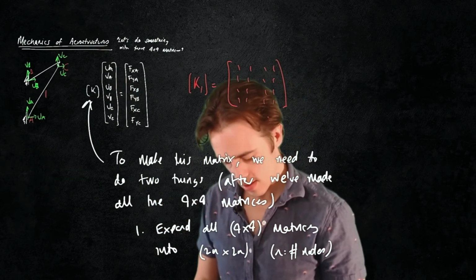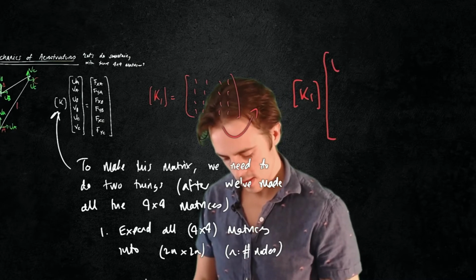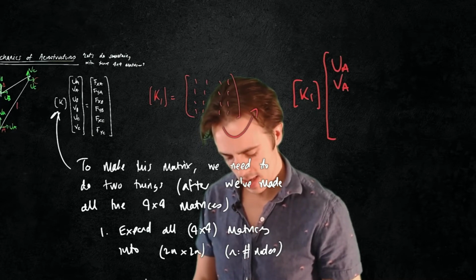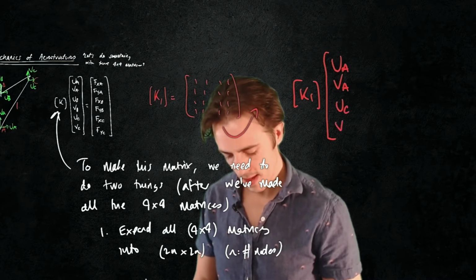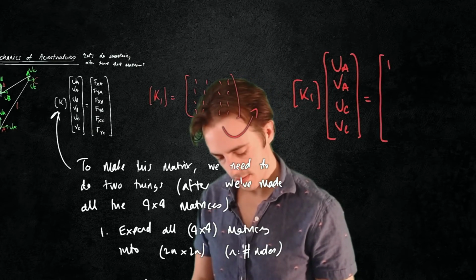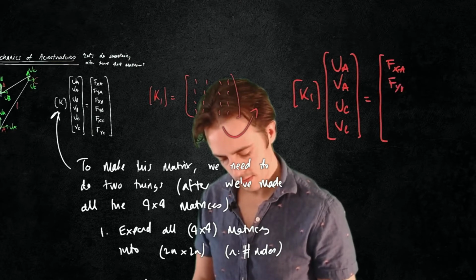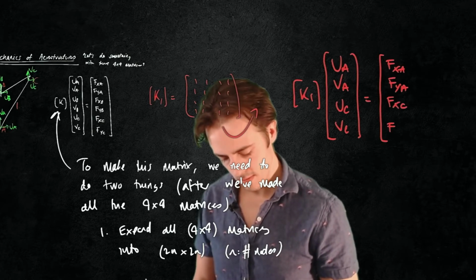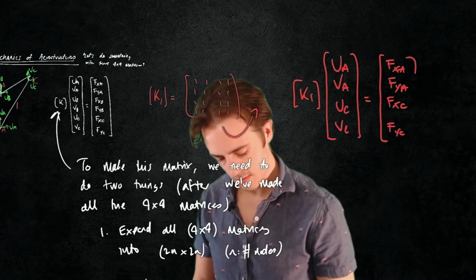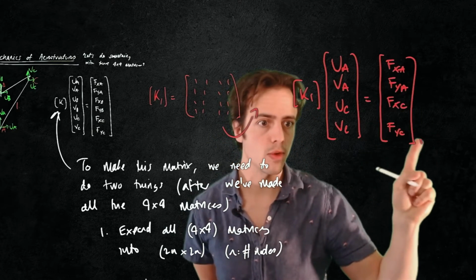So this local problem would be K1 times UA, VA, UC, VC, is equal to the forces. I'll put a little subscript 1 here, because these forces on the right hand side would only be for this given element.